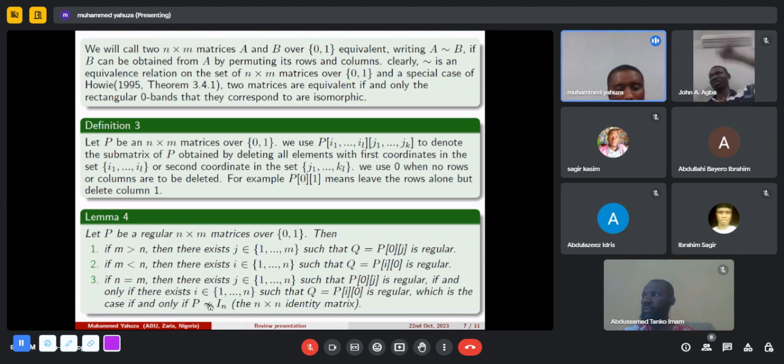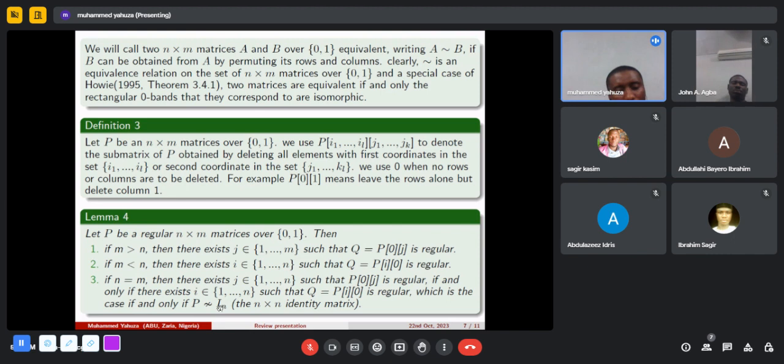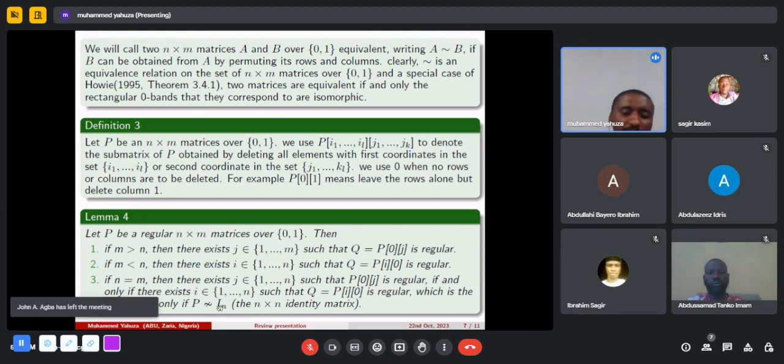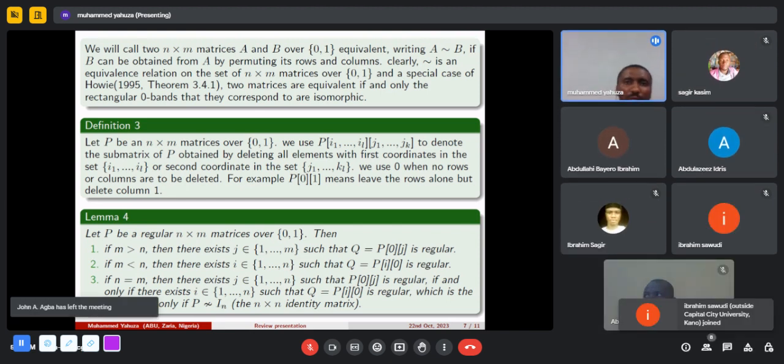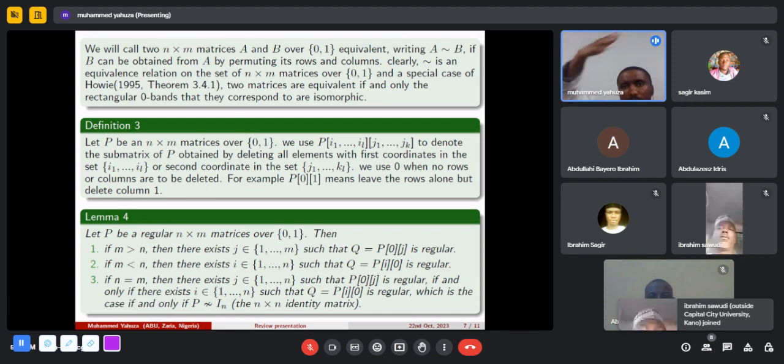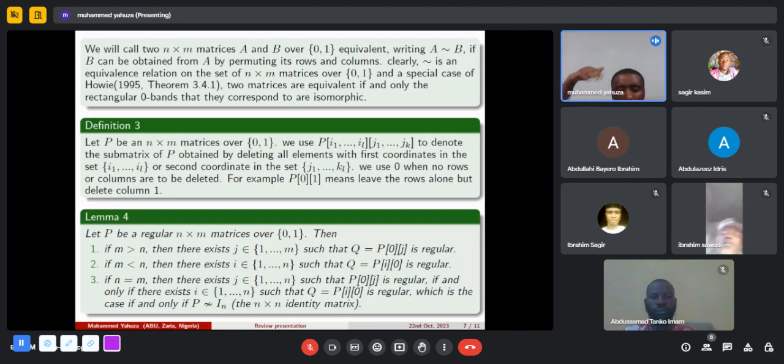So this condition here is very necessary, because if P is equivalent to I_n, then this condition may not hold. P not equivalent to I_n means that, if you have an identity matrix, the diagonals are one and all other entries will be zero. So if you delete any column or any row, then that matrix will not be regular.